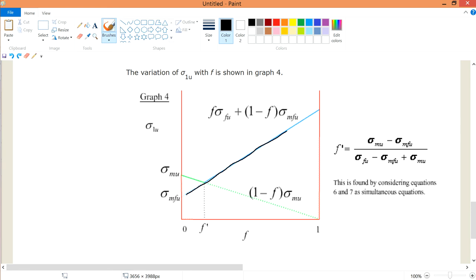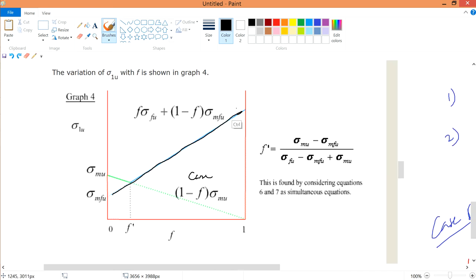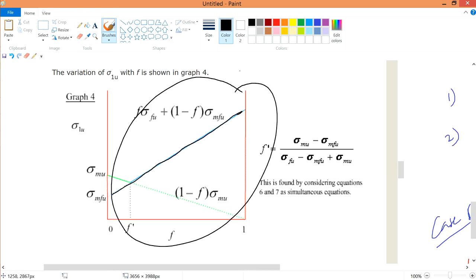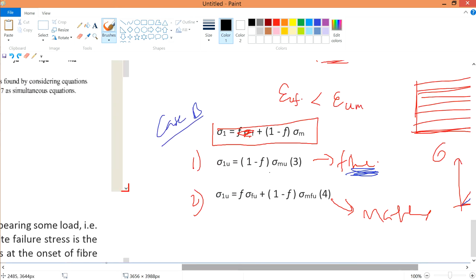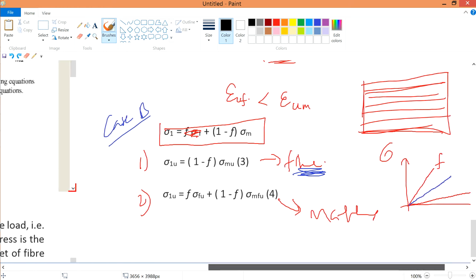This is the line, and this is if the matrix fails. I think this is case A, and this is case B. These two equations are from case B. So this is if the matrix were to fail first, or when the fiber were to fail first.